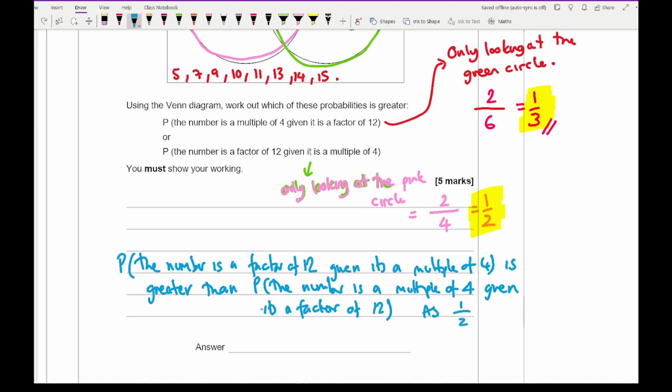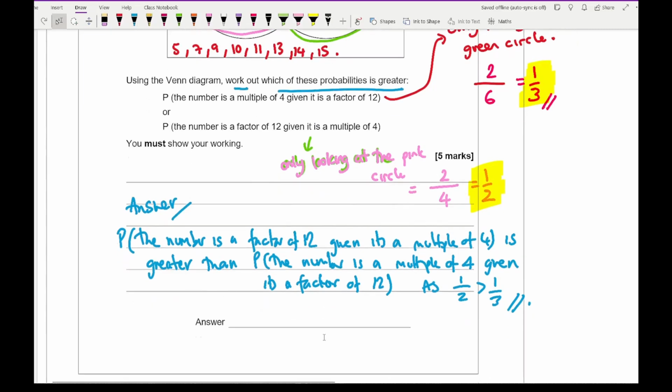And again, that's it because a half is greater than a third. So that is what I would write as my final answer, which is a bit of a waffle, but it is important that you do write it because it has asked you to work out which of these probabilities is greater.